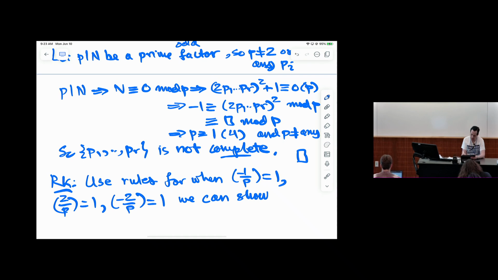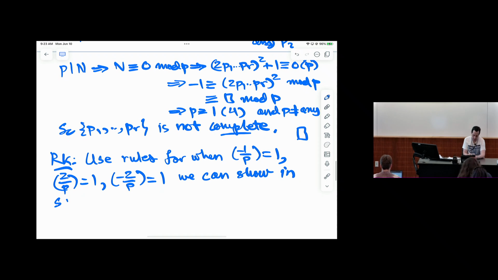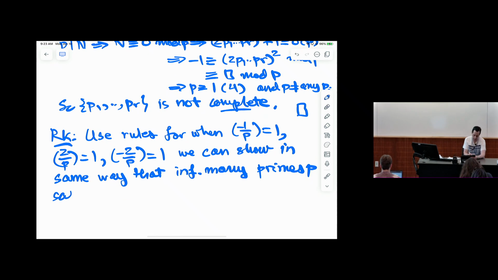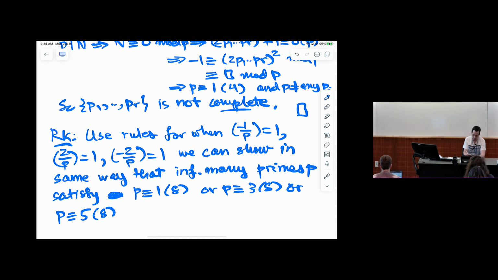You can show in the same way that all the options mod 8, all the infinitely many primes P, each satisfy: P could be 1 mod 8 or 3 mod 8 or 5 or 7. Again, not in the stupid sense that one of them has to be satisfied. But each one of these separately is true for infinitely many primes.